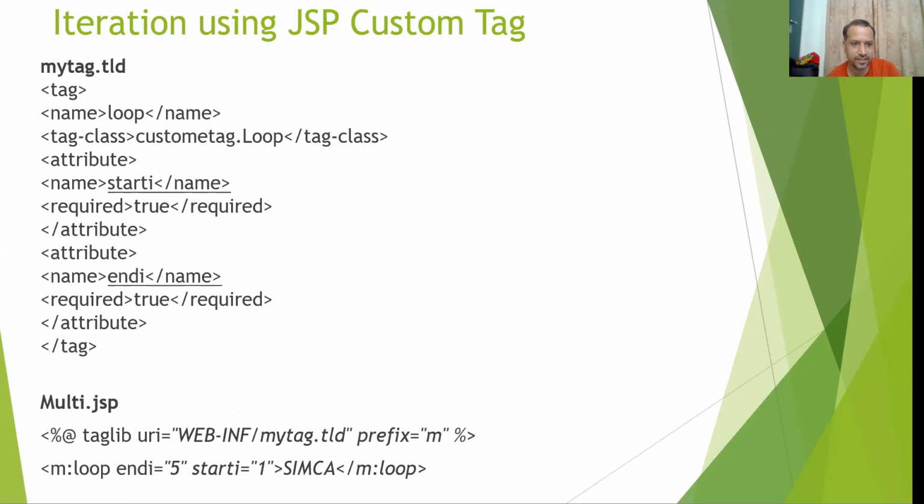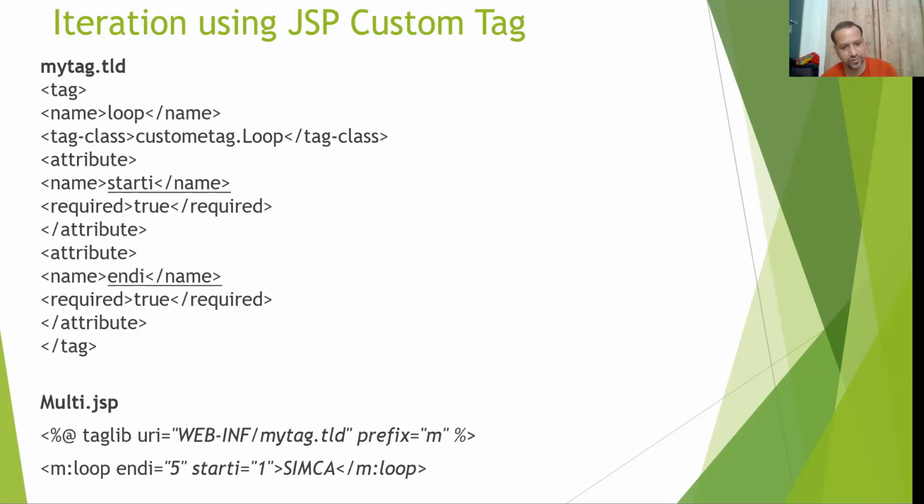Now here I have mentioned the tag name, I have corrected it, and I have written some additional features in my tag TLD. Here my tag name is loop and the custom class is available in the package custom tag dot loop. startI is one of the attributes and it is required true, and endI is another attribute, its value is again true.